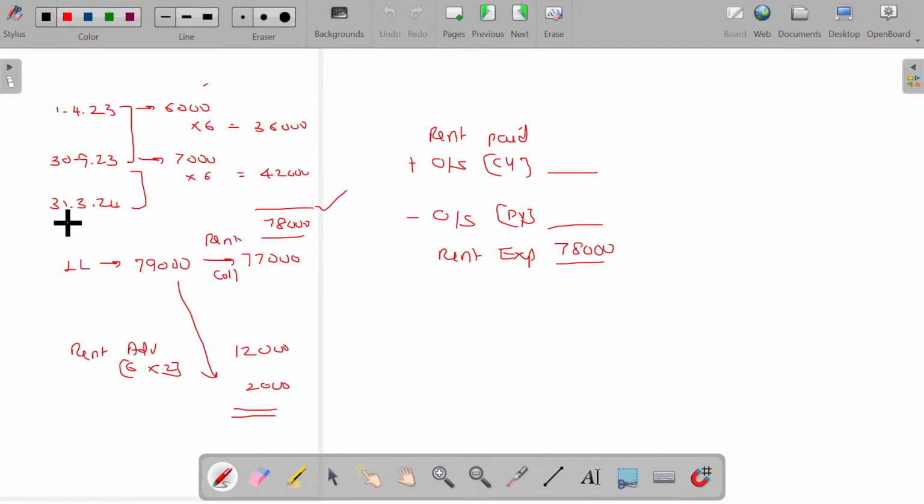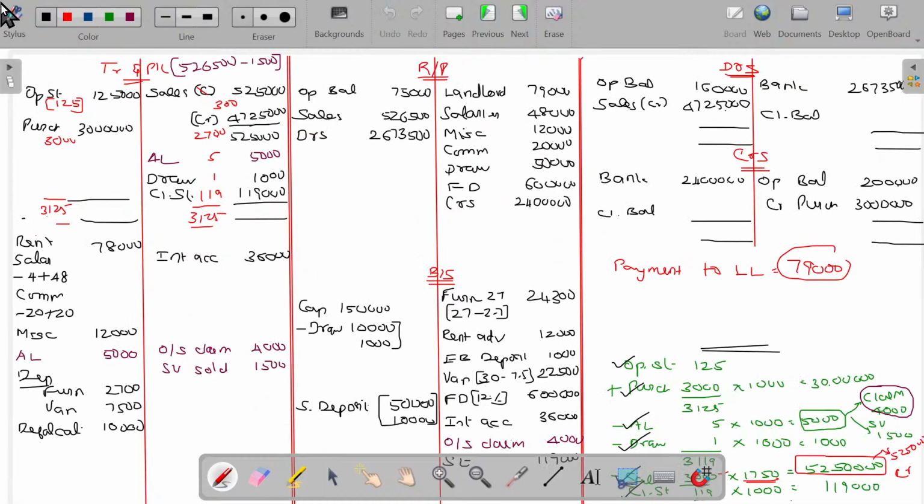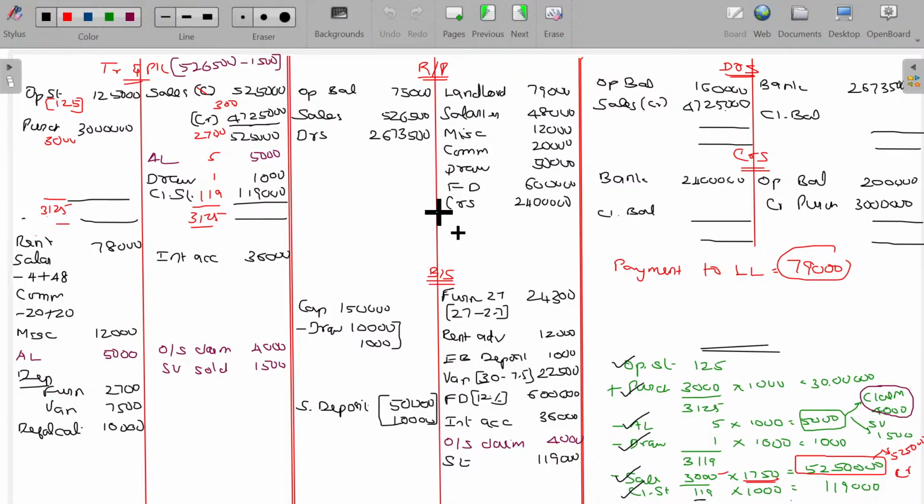Right, sorry. The overall rent payment being 79,000. Out of that, 2,000 is for rent advance. Because of this, the rent advance becomes 14,000. Actually, when the rent was 6,000, 2 months rent in advance was 12,000.